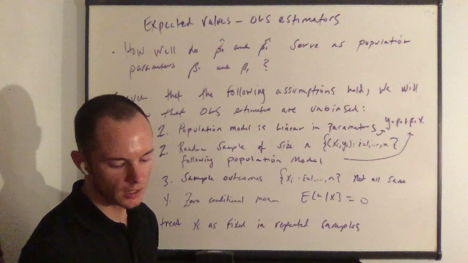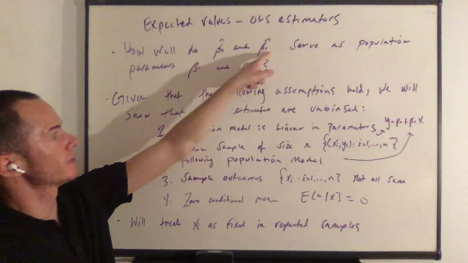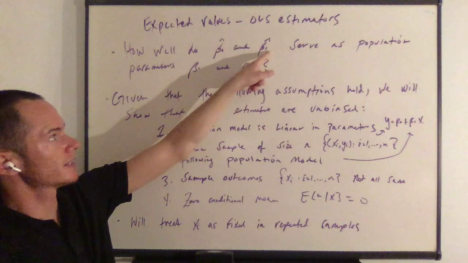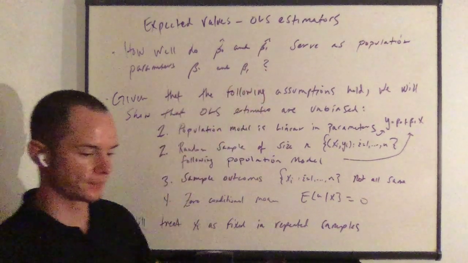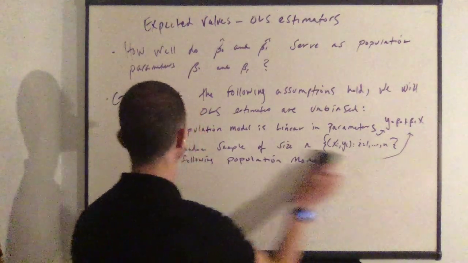So let's prove that the OLS estimator, beta 1 hat, is an unbiased estimator of beta 1. Let's show this.